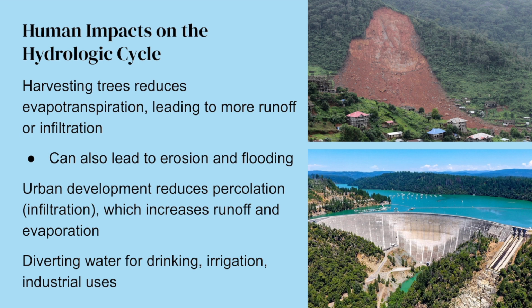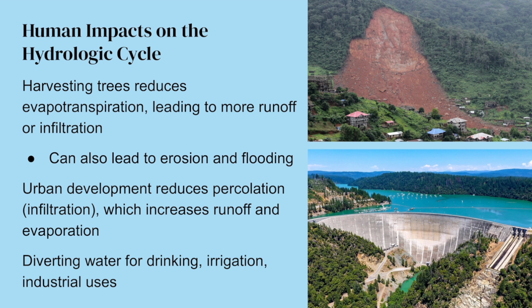So also urban development reduces percolation or infiltration, which increases runoff and evaporation, sorry. So as we add more impermeable surfaces, that means more water is going to run off or evaporate. So we have less water that's actually moving into our groundwater areas, meaning there's less water for us to use for drinking water, less water to pump up, and less water for just underground in general.